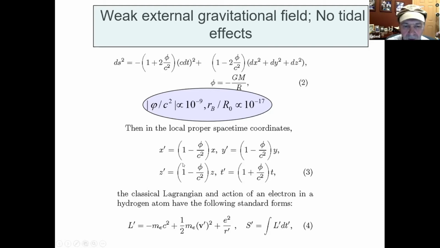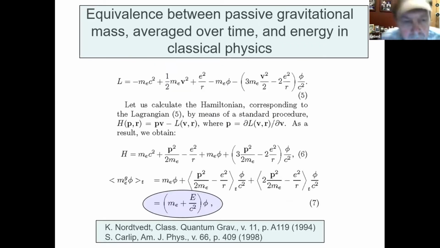So how to get this Lagrangian in a more natural way? You have a proper local coordinate where you have the interval in the Minkowski form, and you put everything in the standard Lagrangian in this local proper coordinate, and we will get the Lagrangian in the unperturbed coordinate, in the inertial coordinate system, and this is the famous term, three kinetic energy plus two potential energy.